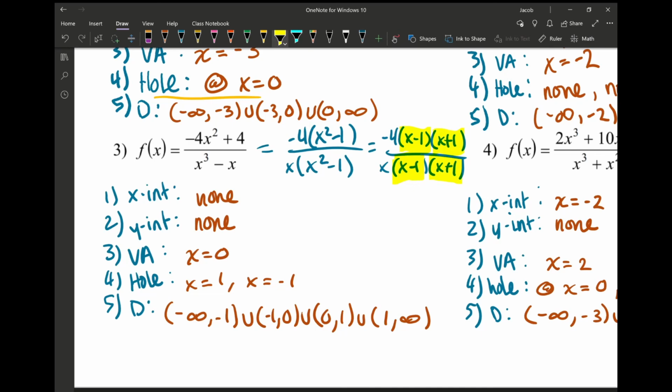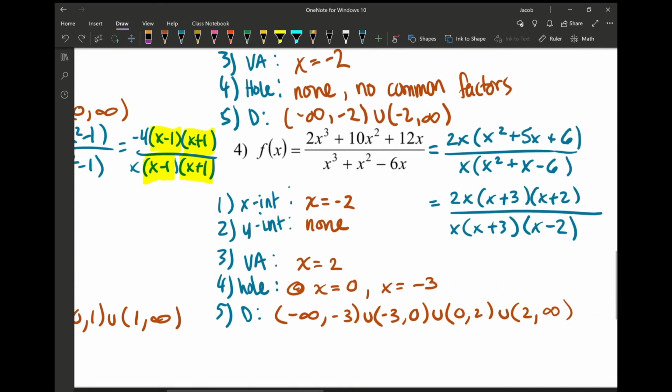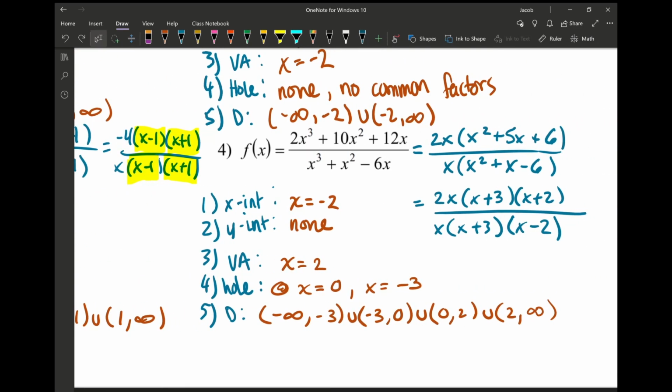And we also don't have a constant term in our denominator, so we can't have a y-intercept. For number 4, we also don't have a constant term in our denominator, so there is no y-intercept. But we can find an x-intercept that is not shared in our denominator. So you see how much of this is just comparing numerator and denominator factors and knowing what yields what.